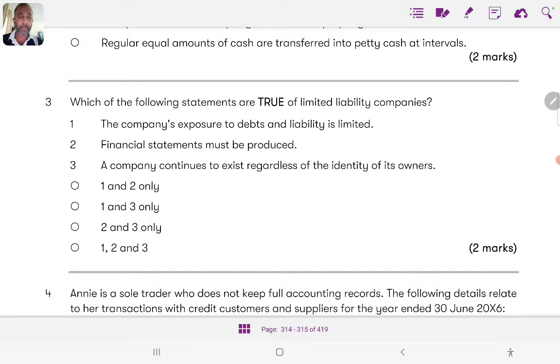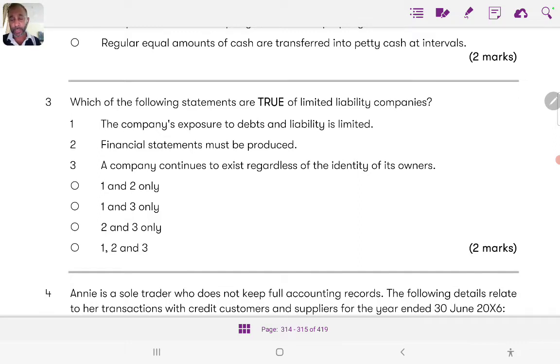So what I try to mean is that the liability of the shareholder is limited to the extent of unpaid amount of shares. A financial statement must be produced. Obviously, a company continues to exist regardless of the identity of its owners.